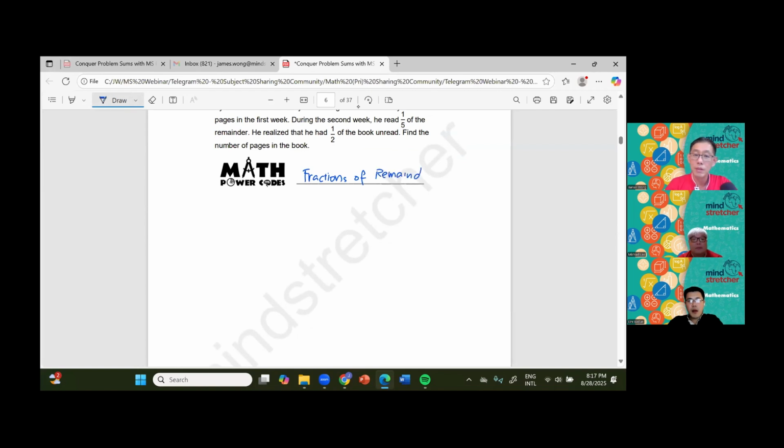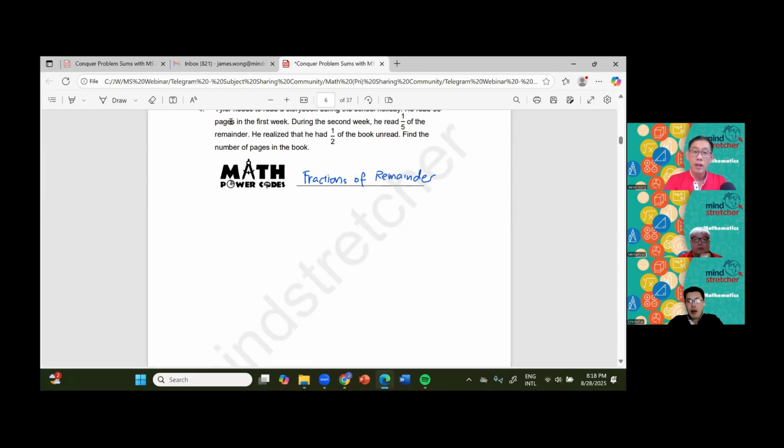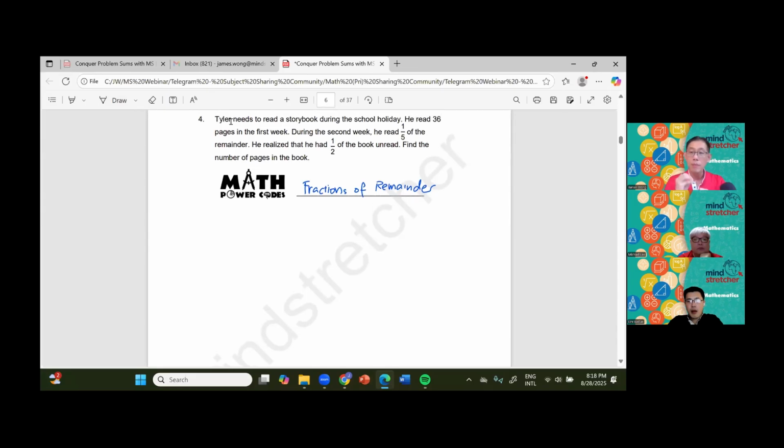Let me just write it down. Now let's look at this question and analyze, as I have gone through in the past few questions, how we should go about analyzing the question and picking up all the relevant information that is provided or implied by the question to apply this technique. This question says 1/5 of the remainder.